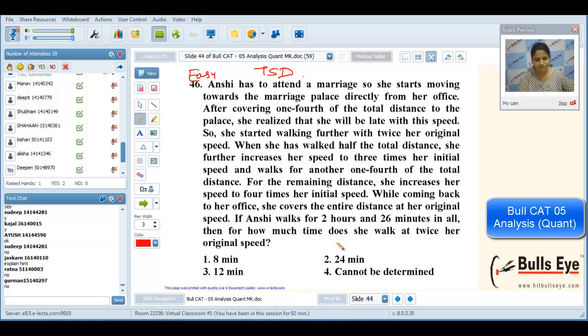If you are moving at 3 times your original speed, you will take 1/3 of the time. You apply this logic, apply the ratio thing, then the question becomes very easy. No equation, nothing. Is it okay? Okay.